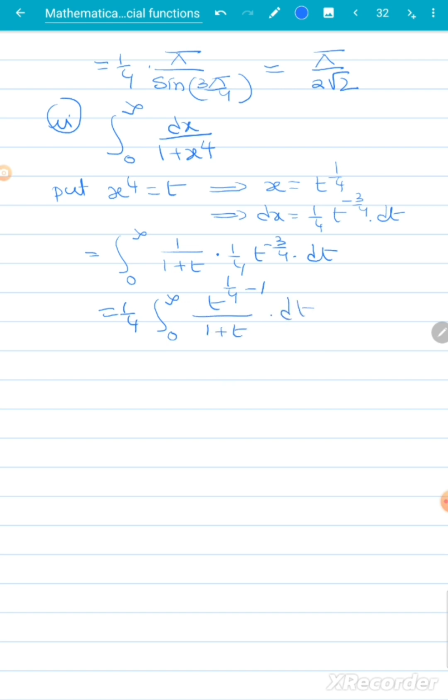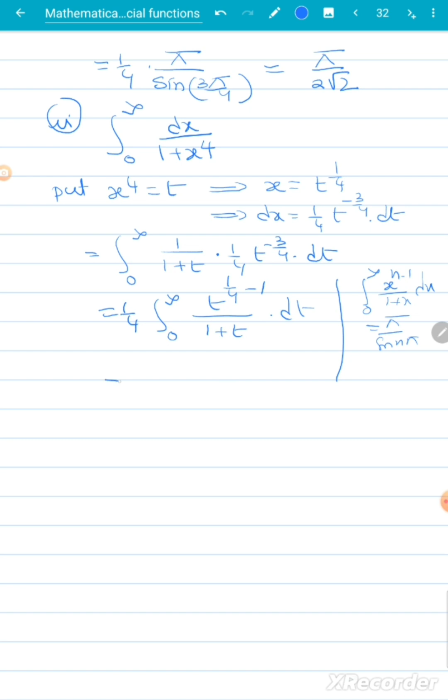So this is in the form of x to the power of n minus 1 by 1 plus x. The formula for the integration from 0 to infinity of x to the power of n minus 1 by 1 plus x dx is equal to pi by sin n pi.